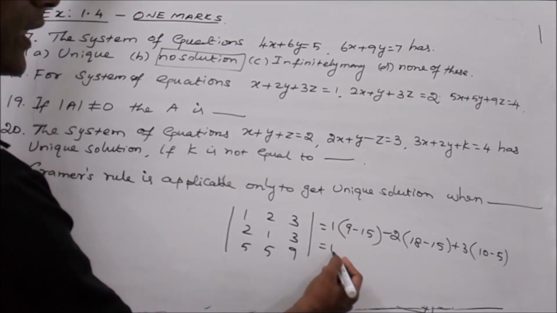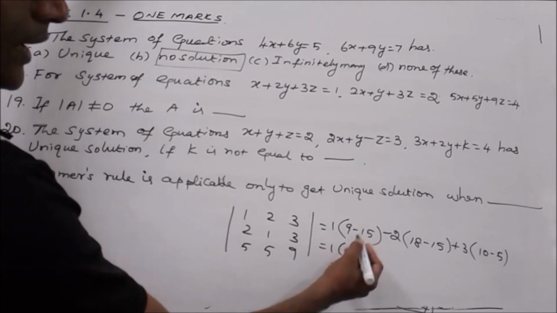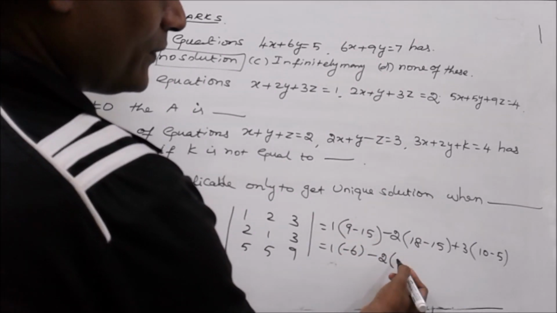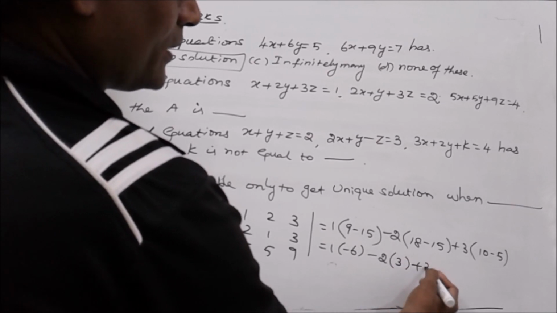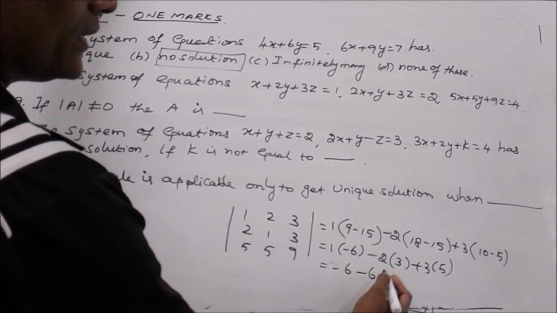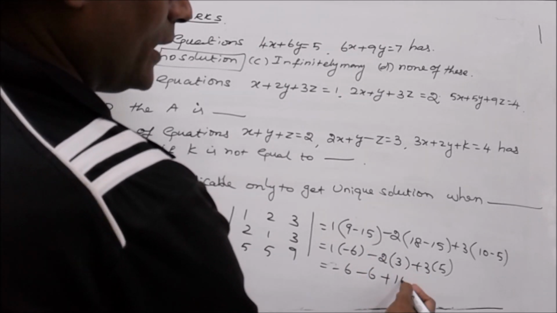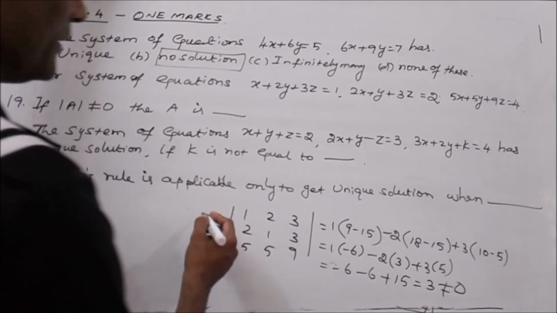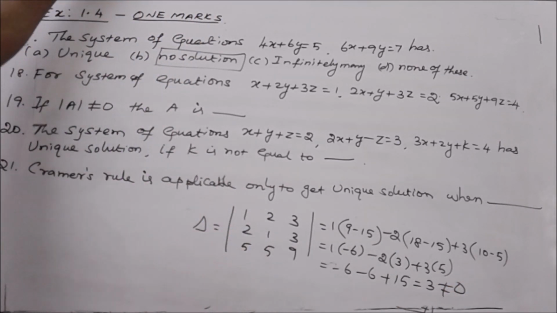That is 1 into (minus 6), minus 2 into 3, plus 3 into 5, equal to minus 6 minus 6 plus 15, equal to 3, not equal to 0. The determinant is not equal to 0, so the system is consistent and has a unique solution.